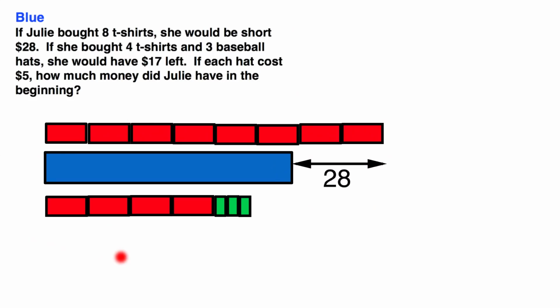Because now we can see that if she had bought 4 t-shirts and then 3 hats, she'd still have $17 left of her money. Now because each hat costs $5, we know that this portion right here is worth 15.